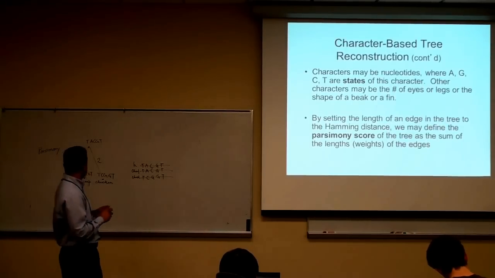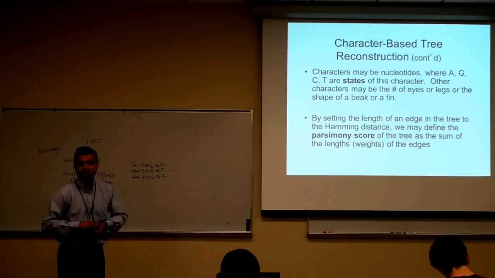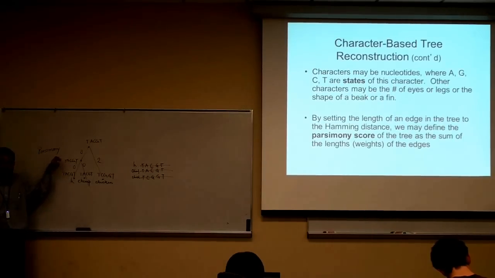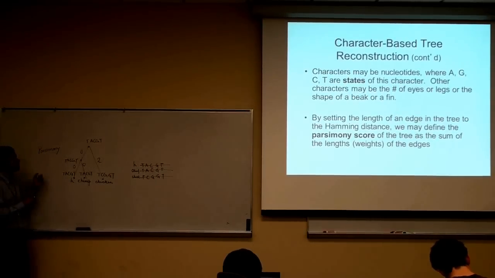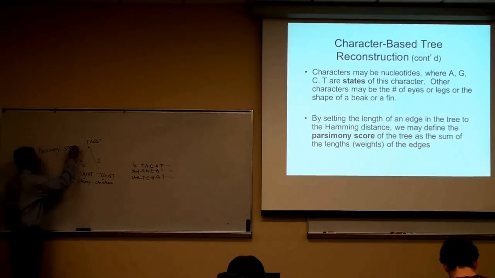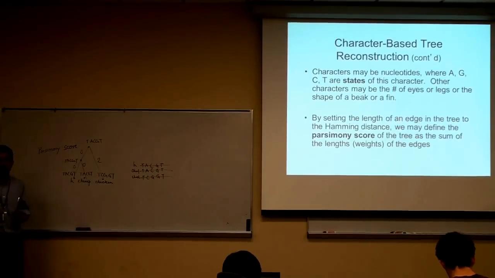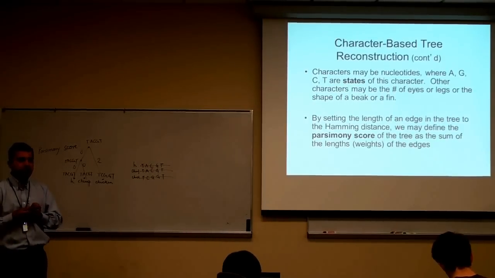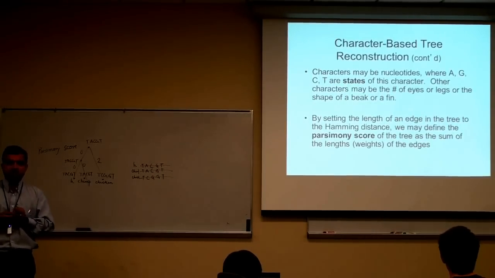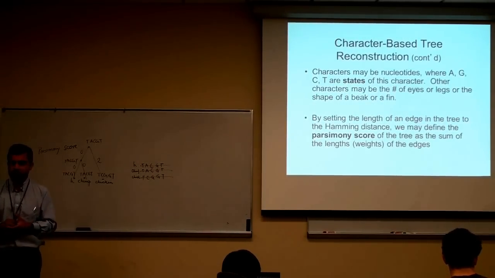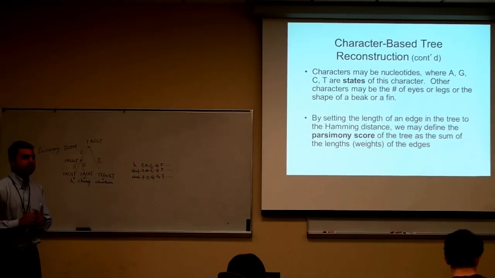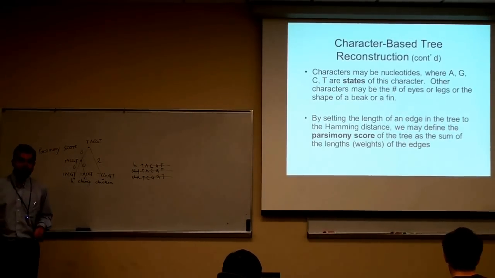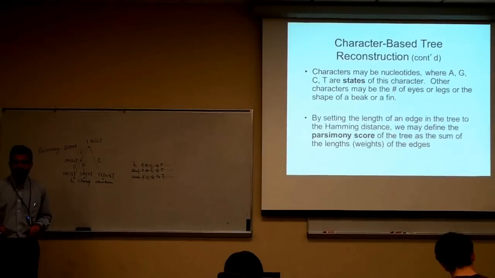And the reason for this name is that you will try to find the guess, the tree, and its labeling for which the parsimony score is minimum. So you're trying to be parsimonious with respect to mutations. You're trying to find a tree and its internal node labels that can explain all the extant sequences with as few mutations as needed.